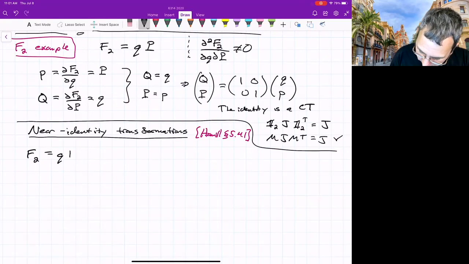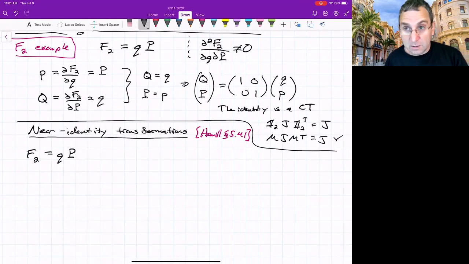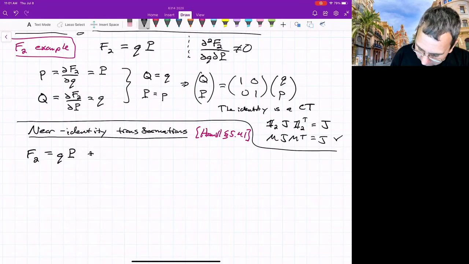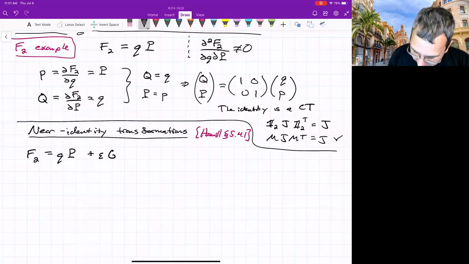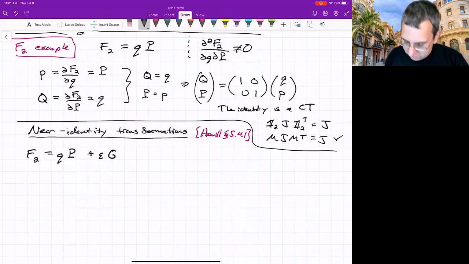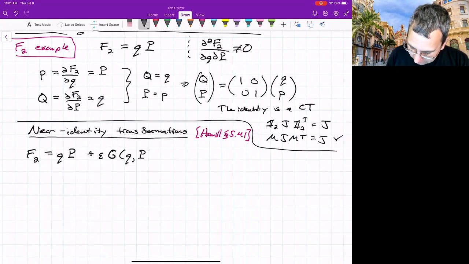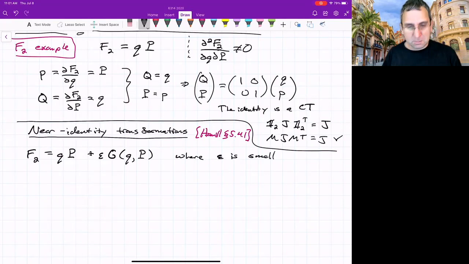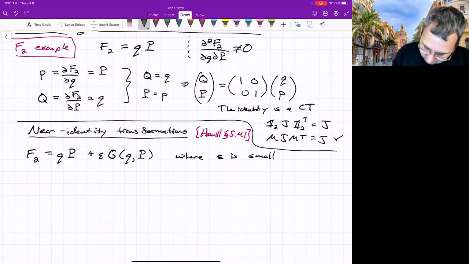It's little q, big P. But now let's add on something small: epsilon, which is small, times another, let's say, unknown function, capital G, that's a function of q and big P. Epsilon is small. So when you take the partial derivatives, you're going to get something that's close to the identity, right? p equals partial F2 partial q.